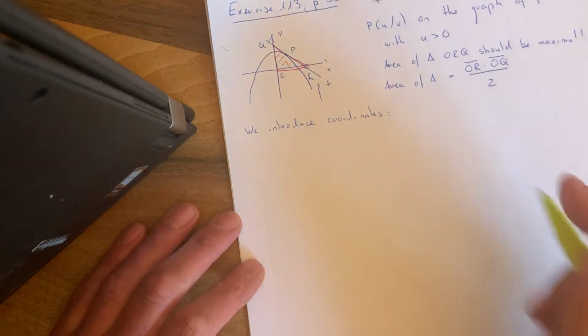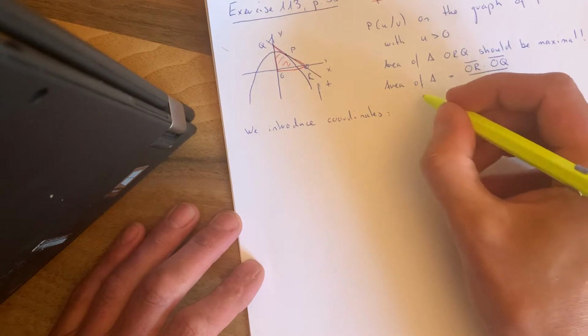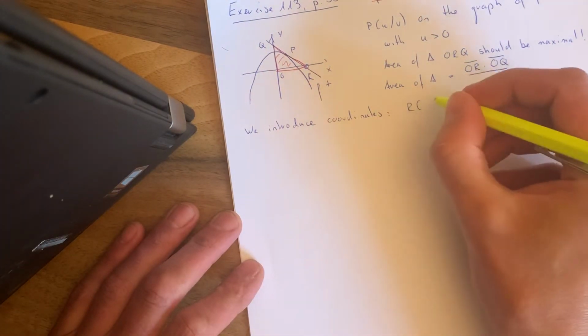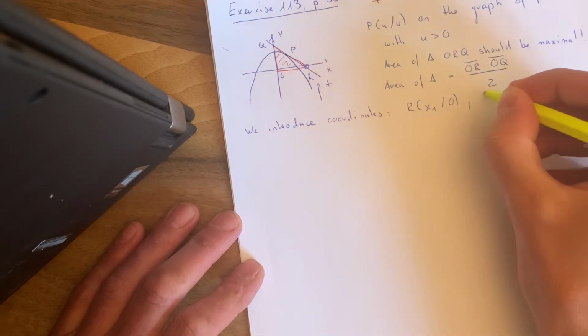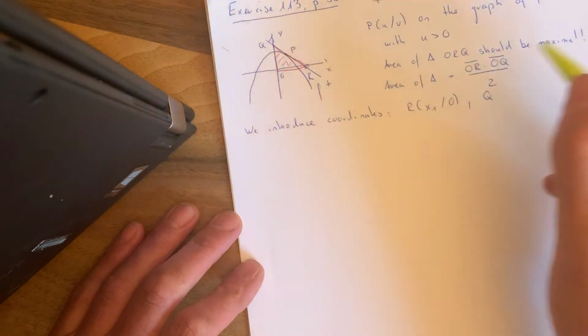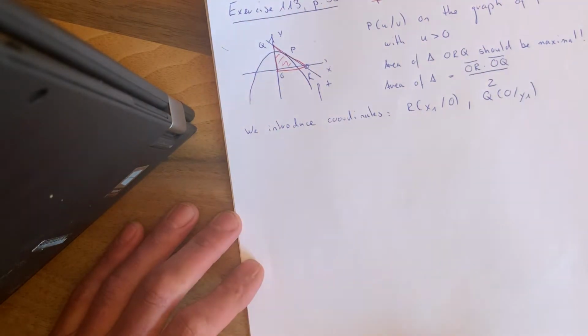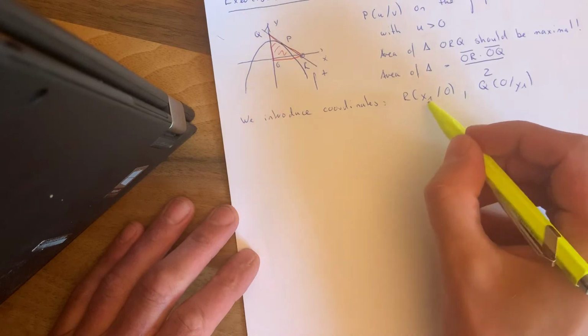Okay, so point R lies on the x-axis, which means the y-coordinate is 0. So let's say point R has coordinates (x1, 0). Point Q lies on the y-axis, so the x-coordinate is 0, and let's say the y-coordinate is y1. Okay? And now here's the first important thing to realize.